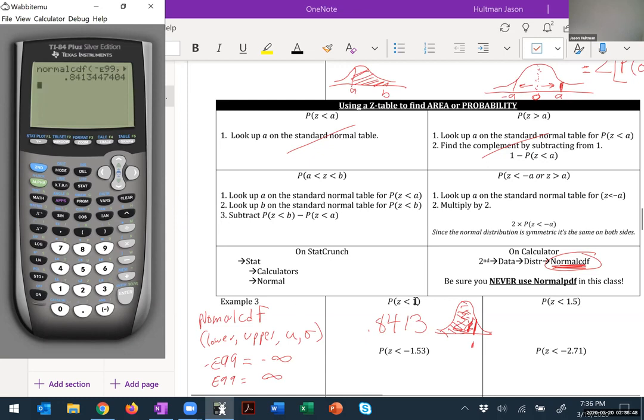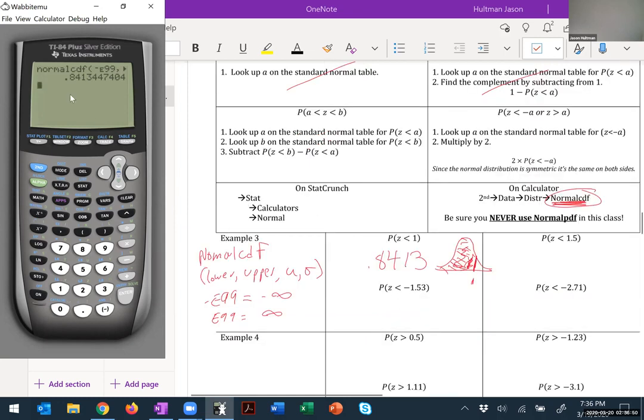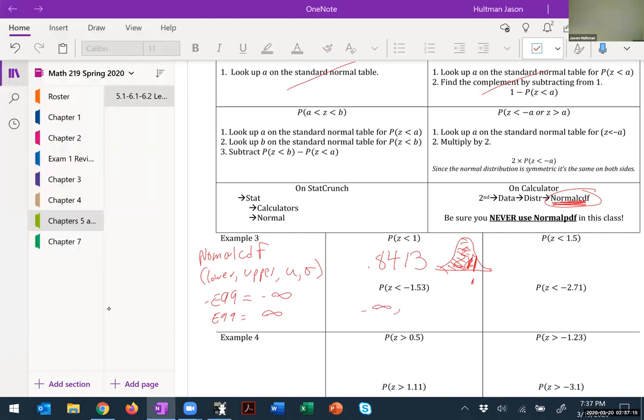Okay, so now let's do our calculator again for z is less than negative 1.53. Okay, so again, I'm going to go back to that second vars and then arrow down to normal CDF. And this is going to be from negative infinity to negative 1.53, right? So that's the probability that x is going from negative infinity to negative 1.53.